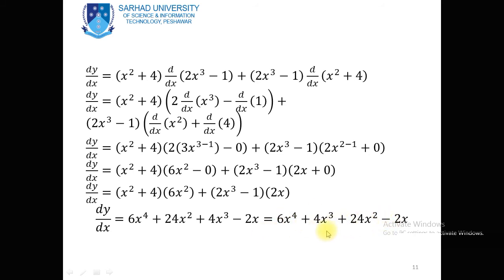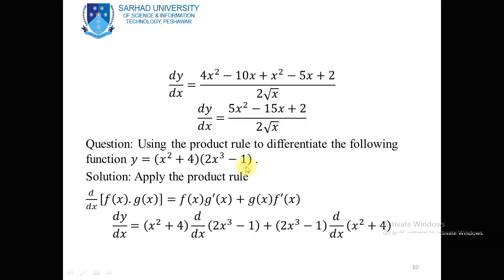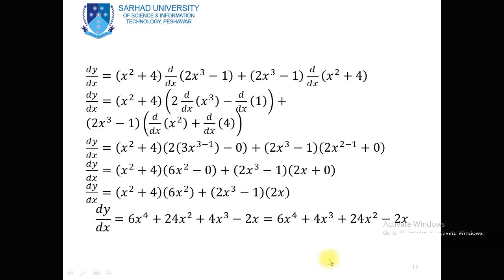So this is the result of the function by using the product rule. Like you see over here, this is the given function. Take the derivative of this function by using the product rule, and this is the result of the problem.